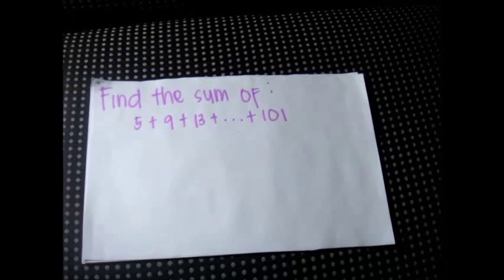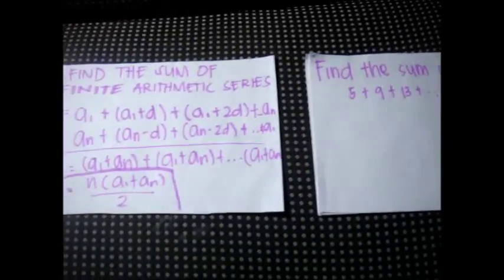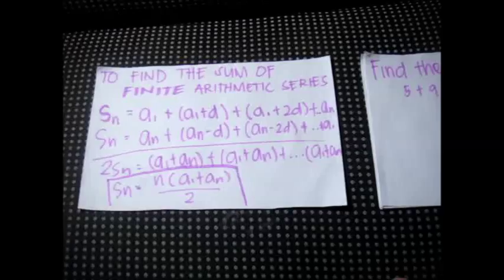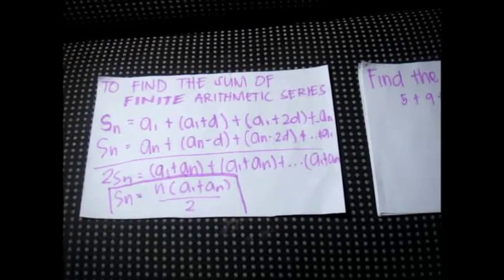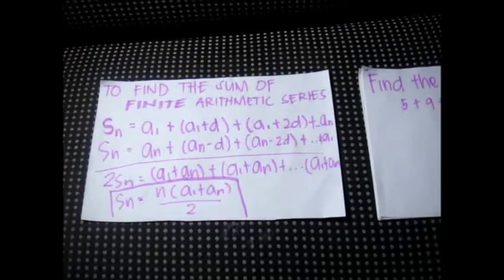How to solve this problem? Of course, we will use the formula we got earlier, which is S sub n is equal to n multiplied by a sub 1 plus a sub n all over 2.